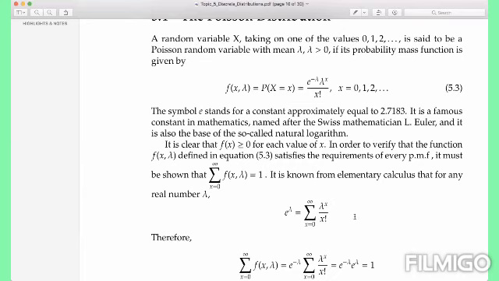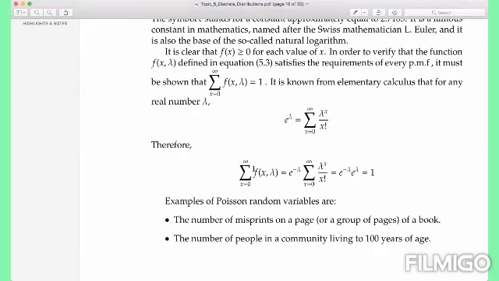But we shall need this result from elementary calculus, that for any real number, the sum from x equals 0 up to infinity of lambda power x over x factorial should give you exponential lambda. And then if you use that, let us sum, and see whether we shall get one.